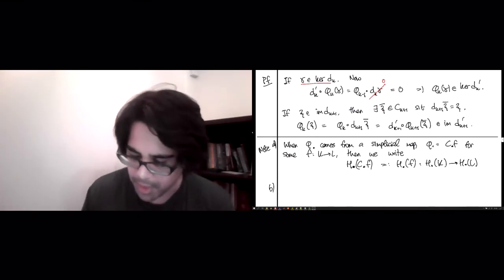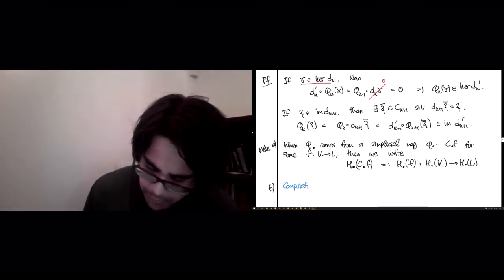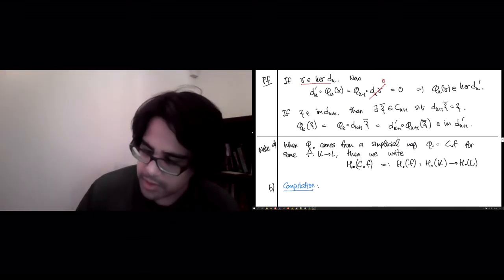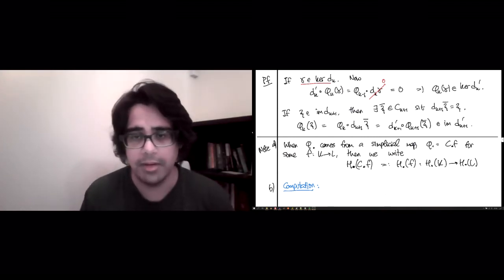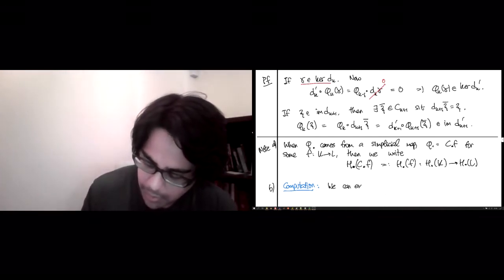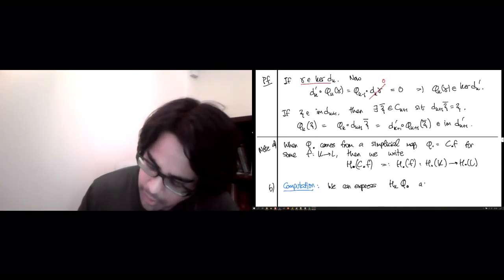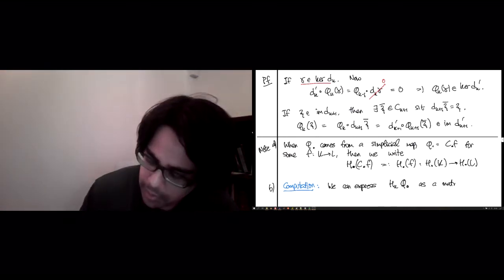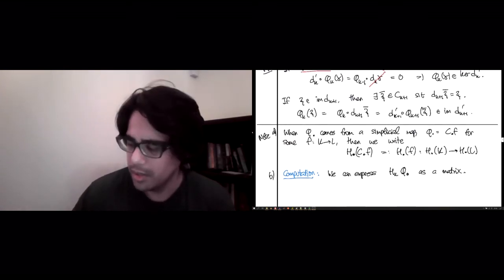The second thing to keep in mind is computation, which is that when the chain groups are all finite dimensional and you have a chain map, then you can actually express these induced maps on homology, these H_k phis, as a matrix, which is to say this can all sit on a computer and it's nice and computable with linear algebra.